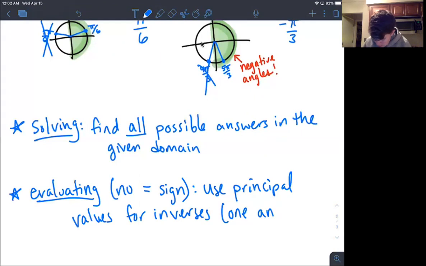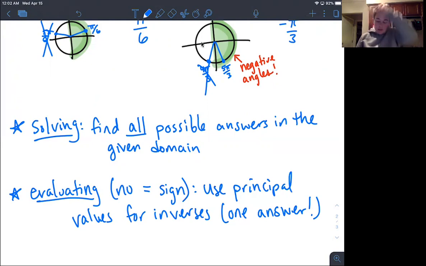That means you are only going to have one answer, because your domain is very restricted. Essentially it's the same: you're operating within a given domain. Your domain is just much, much smaller than 0 to 2 pi. It's just that little section in the middle there.